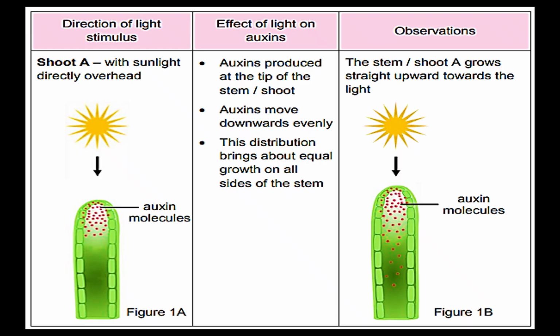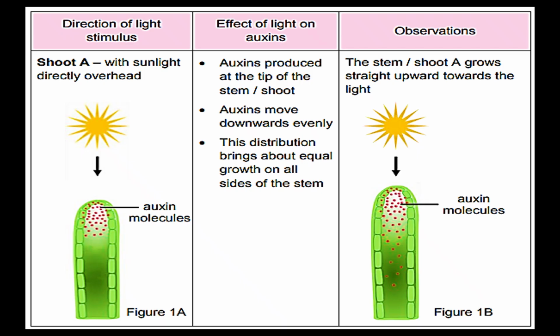So pay attention and know that the chemical hormone responsible for phototropism and geotropism is the hormone auxin. And auxins are produced at the tip. So that's the tip, and that is where the auxins are produced, but they don't remain at the tip, they flow down. And for as long as the sun is on top, you can see the plant is growing vertically upwards.